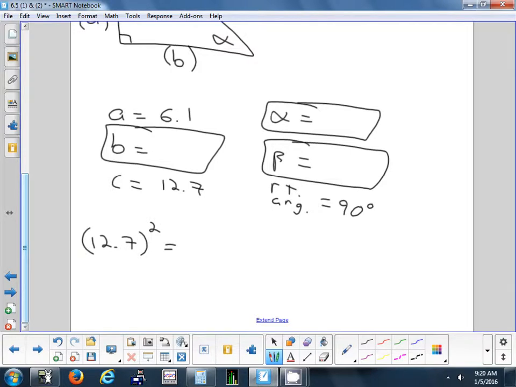Okay, so C squared equals A squared plus B squared. What I'm going to do is not even simplify these until the very end. My first step, I want to get 6.1 squared on the other side. So how about, Fernando, how would I move that to the other side?